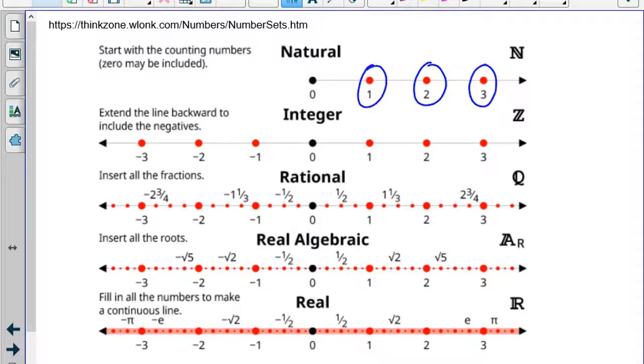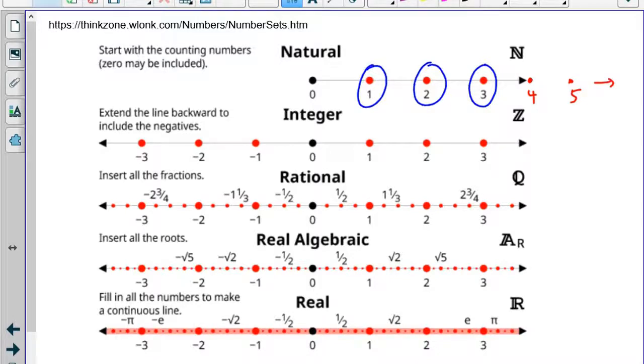Everything between 1 and 2 that is a real number is not included in the natural numbers. And obviously it continues on, so we could have 4, 5, and so on all the way across.